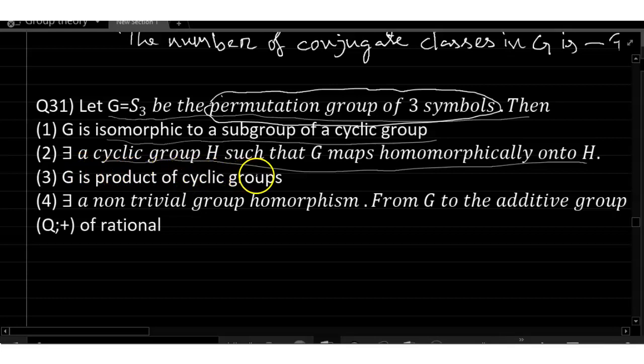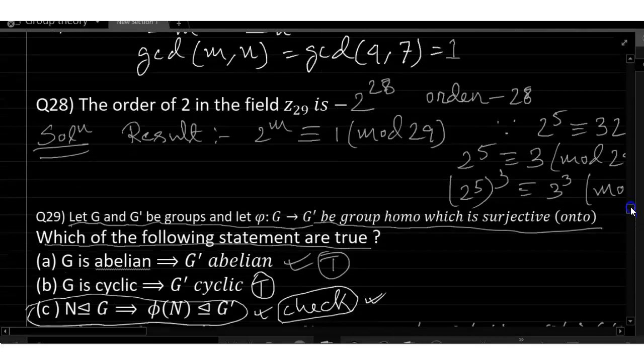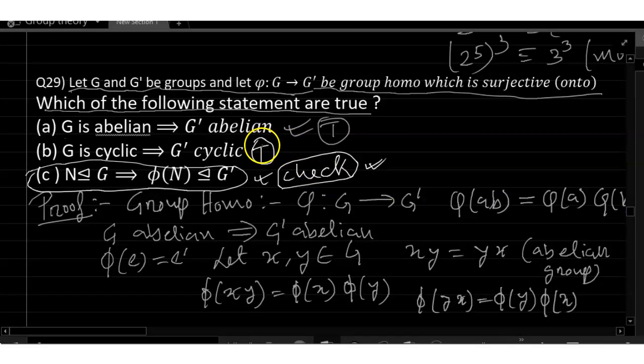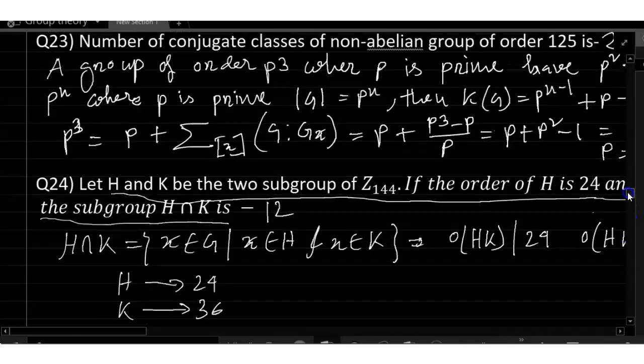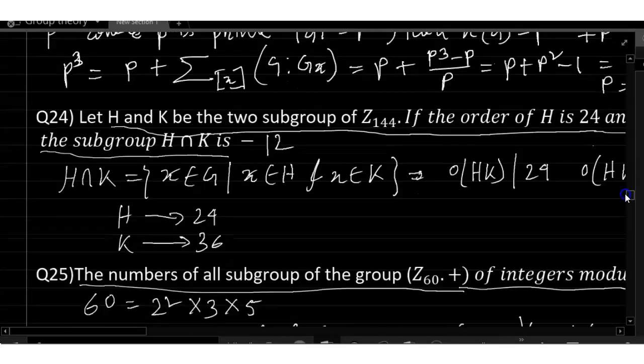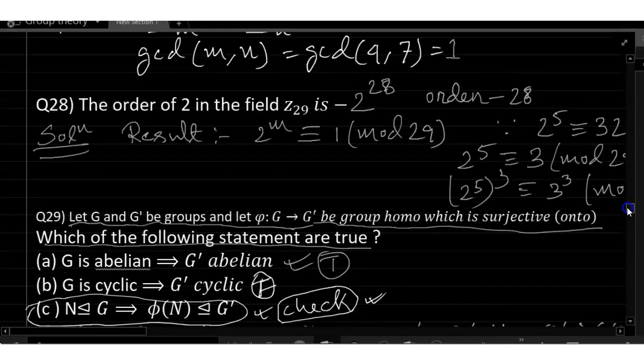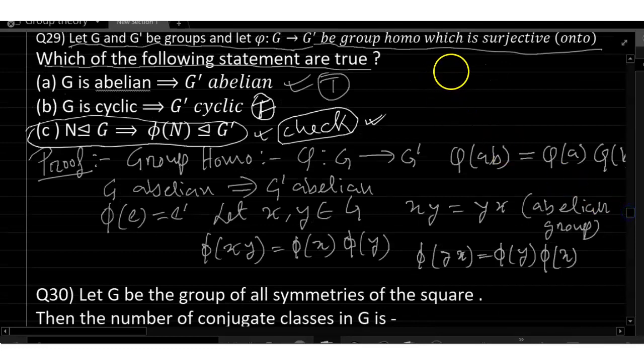There exists a cyclic group H such that G maps homomorphically onto H. So friends, in my answer, this option is not correct, false, because we can write a map from U8 to Z2.